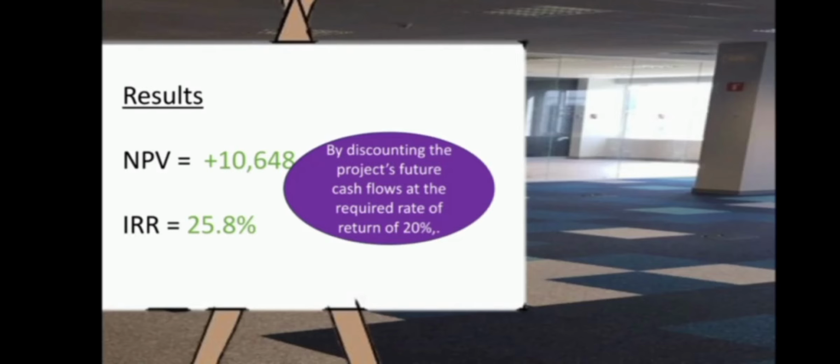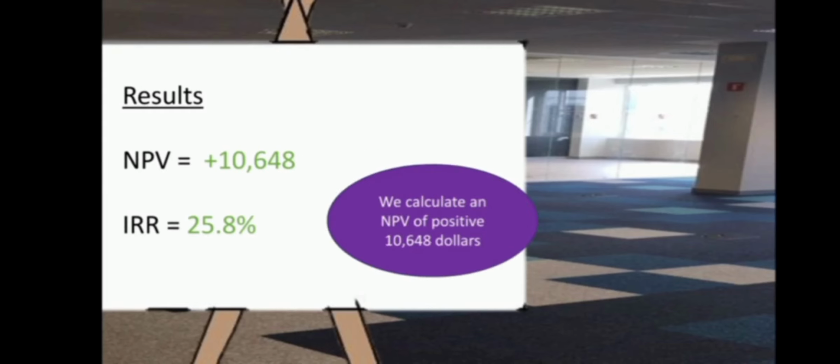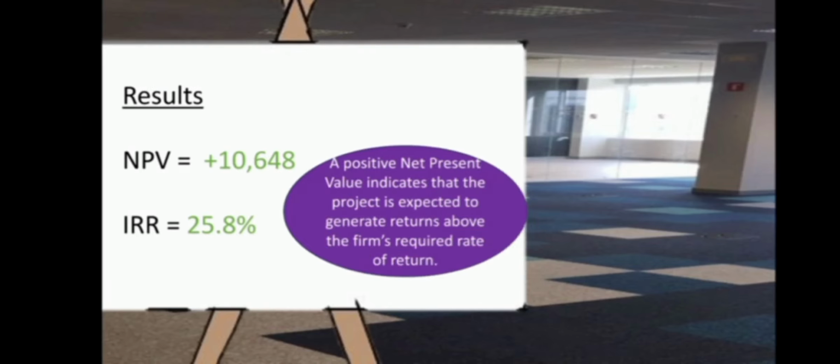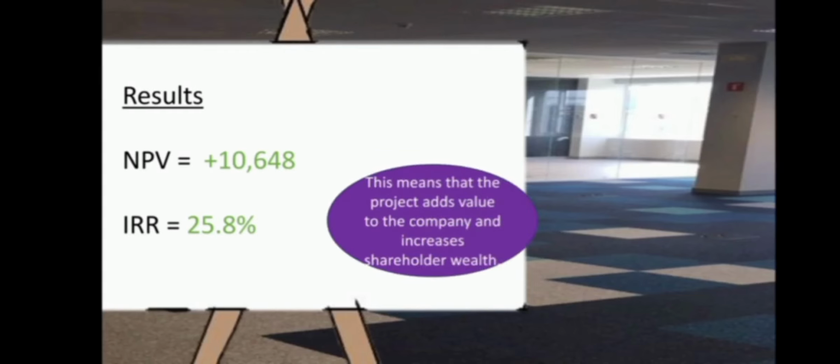By discounting the project's future cash flows at the required rate of return of 20%, we calculate an NPV of positive $10,648. A positive net present value indicates that the project is expected to generate returns above the firm's required rate of return. This means that the project adds value to the company and increases shareholder wealth.